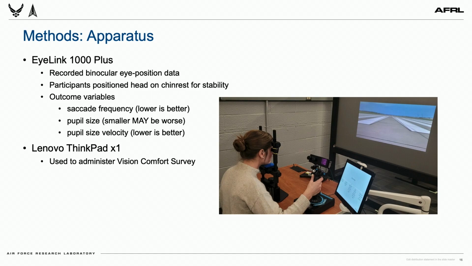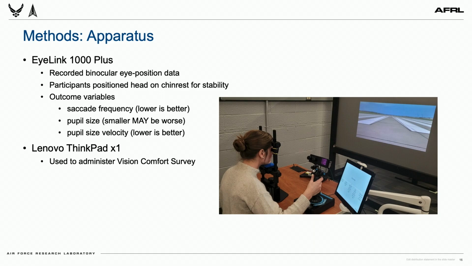So here we have a participant on our setup. We used a chin rest because we were using an iLink 1000 Plus to get eye tracking information. And that just helps stabilize the eyes. And then our outcome variables for this were to try to get a sense of eye strain. So we were looking at saccade frequency, where lower tends to indicate less eye strain.